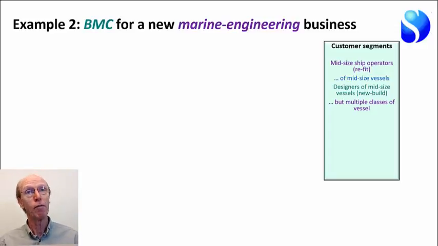Amongst those vessels, we've got very small ones like coastal fishing fleets, right up to monster vessels that carry the container shipping around the world, or the bulk carriers that move iron ore and that kind of product between the continents. So you've got to make a choice about which size of vessel you're going to sell equipment for.